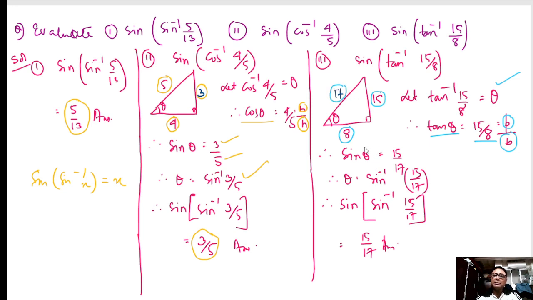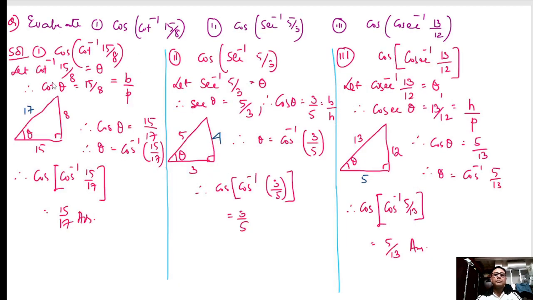So sine theta will be 15 by 17, so theta will be sine inverse 15 by 17. So instead of tan inverse 15 by 8, I can write sine inverse 15 by 17. Using the same concept again, the answer is 15 by 17. Clear? Let's move on to the next one.